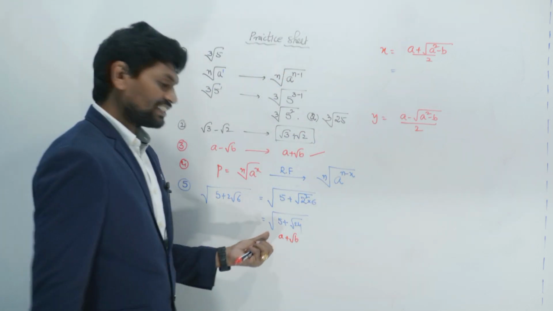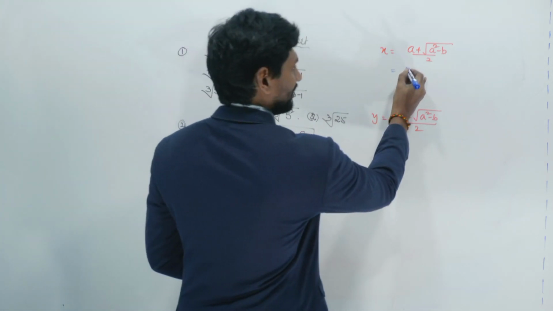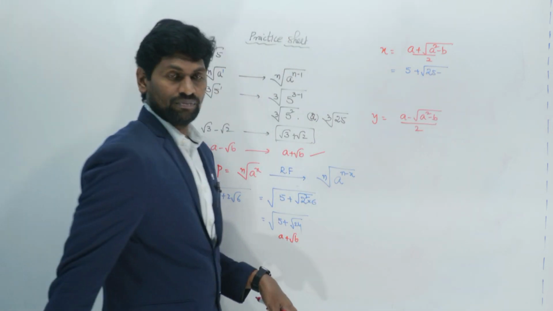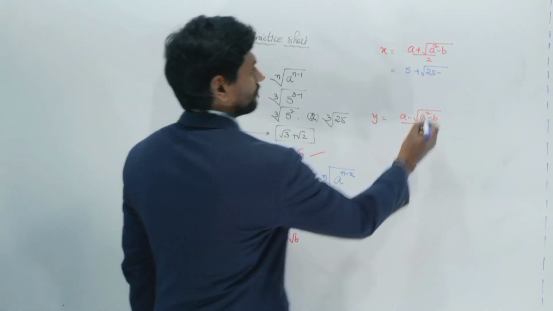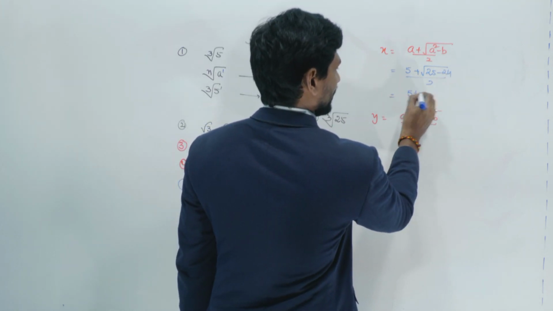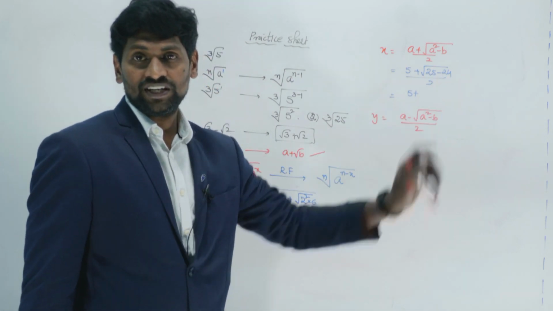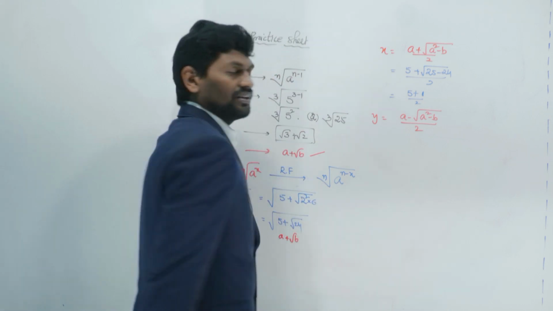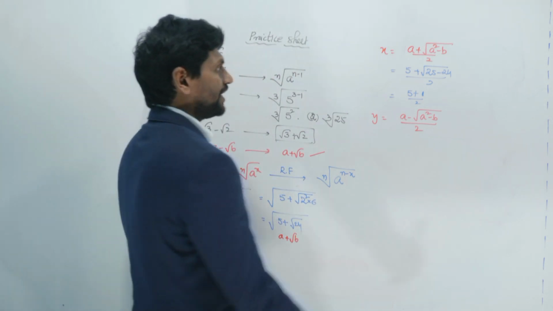A value is 5. 5 plus root over 5 square value 25 minus b value 24, by 2. That equals 5 plus root over 25 minus 24 is 1. Root 1 is nothing but 1. 5 plus 1, 6. 6 by 2, answer is 3.